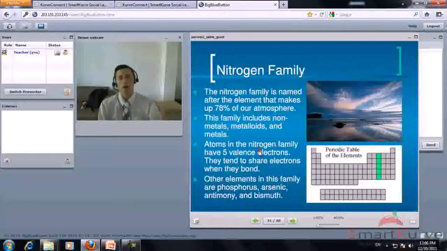So you have 1 nitrogen bonded to 3 hydrogen atoms, and that's ammonia, a very common compound. Other elements in this family are phosphorus, also a very important compound in organic chemistry, arsenic, antimony, and bismuth.